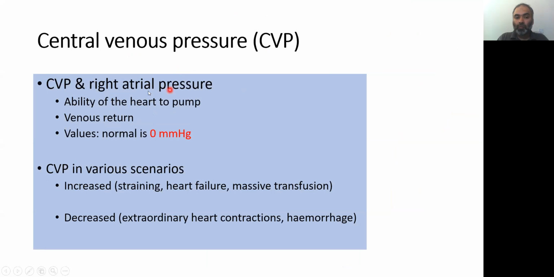The right atrial pressure needs to be nice and accommodative. Right atrial pressure is the central venous pressure, by the way, and it needs to be zero. Why does it need to be zero? It can fluctuate between 0, -1, +1. Certainly not +4. Certainly not above that.